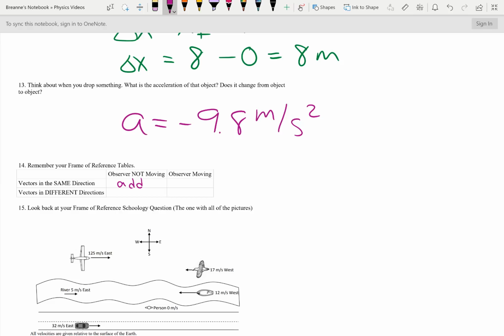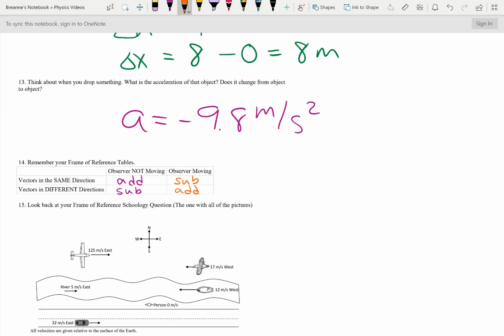If your vectors are in different directions, and your observer is not moving, you subtract. But if your observer is moving, that information ends up being flipped. You would end up subtracting your vectors and adding your vectors.